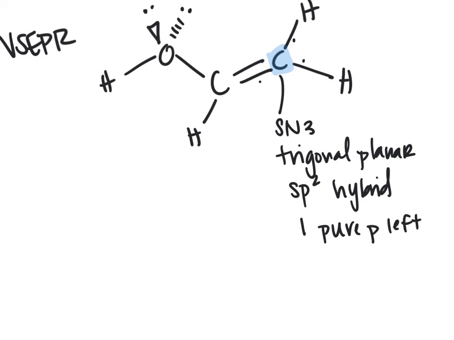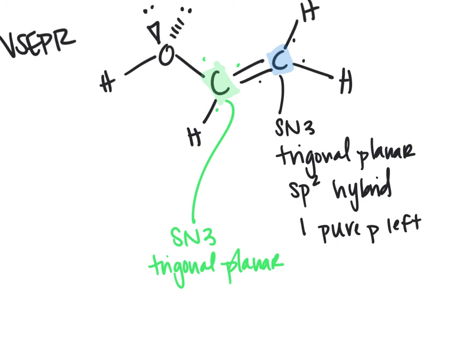So let's look at this other carbon that I'm now going to color in green. What we can see here is that it's connected to 1, 2, 3 things. So we have a steric number of 3. It's also trigonal planar, and that's going to be an sp2 hybrid plus 1 p orbital.